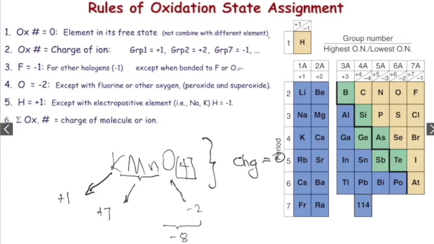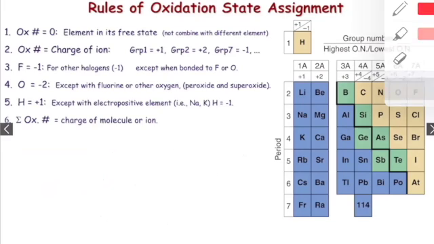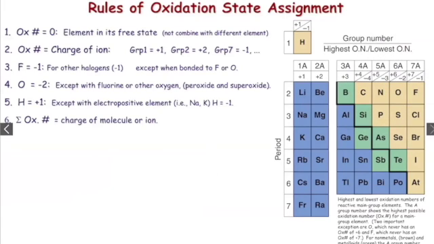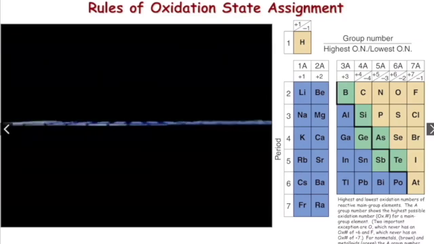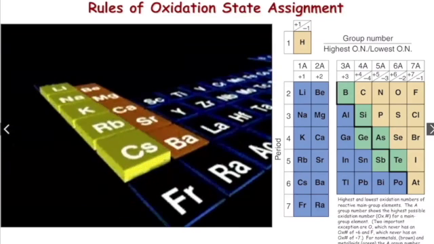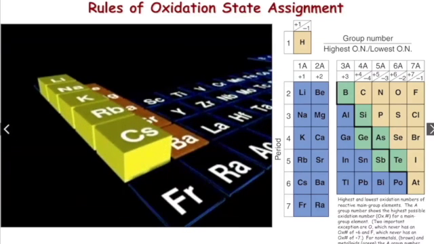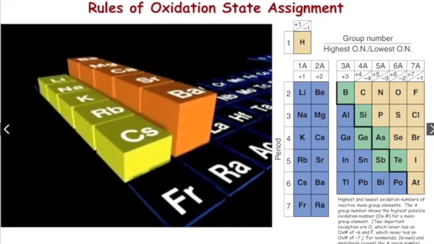And here's a periodic table that shows common oxidation states. Okay, let me clear this. And then there's a movie here that shows you what the oxidation states for certain elements are. Like group 1 is always going to be +1, group 2 is going to be +2. The middle are going to vary depending on what it's partnered with.